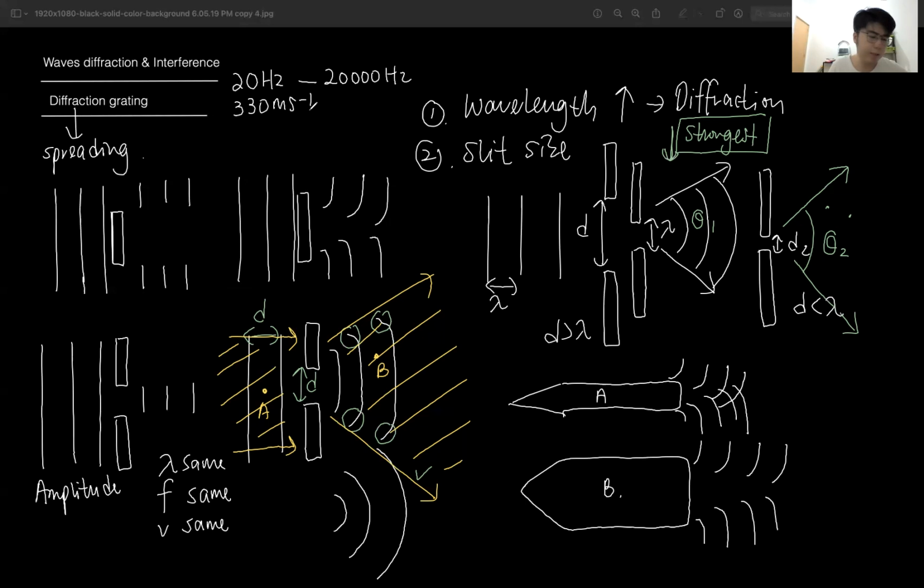Let's just assume that it's at standard conditions. Of course, it changes depending on temperature. So we have the speed, we have the frequency, and we can calculate the wavelength, right? So v equals f lambda, wavelength equals v over f. So 330 divided by 20. What is the smallest wavelength?